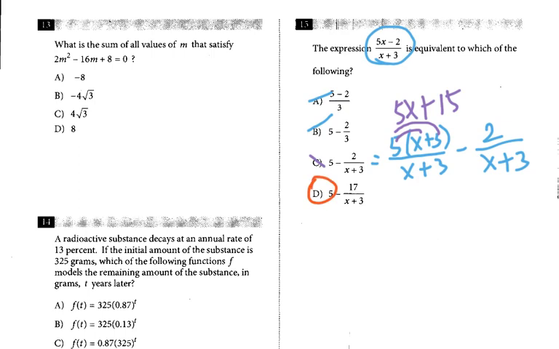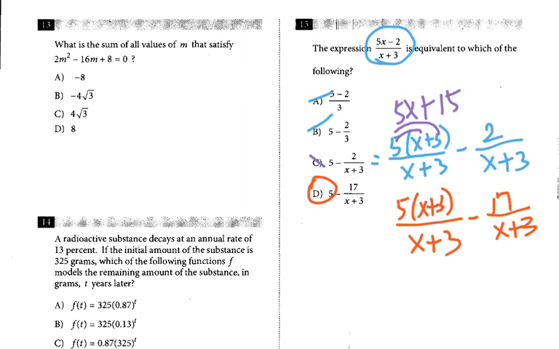And you can check, it's the same thing: x plus 3, then 5x plus 3, then minus x plus 3 on the bottom, then 17. If you do 5x plus 15, then minus 17, you can get that answer. So definitely D will be your answer.